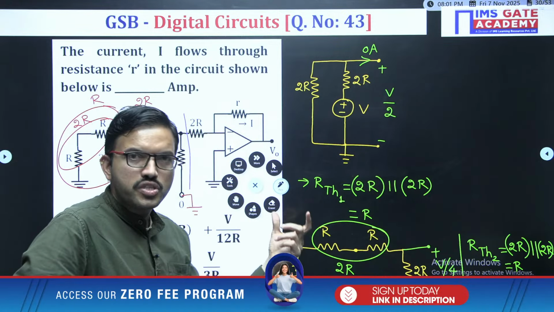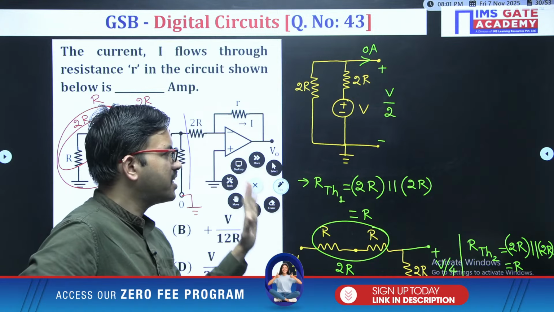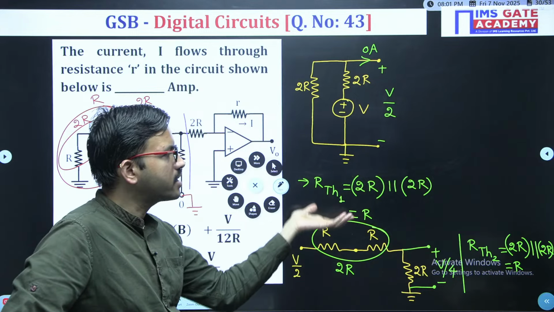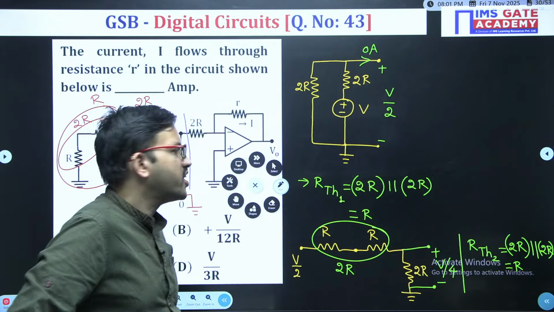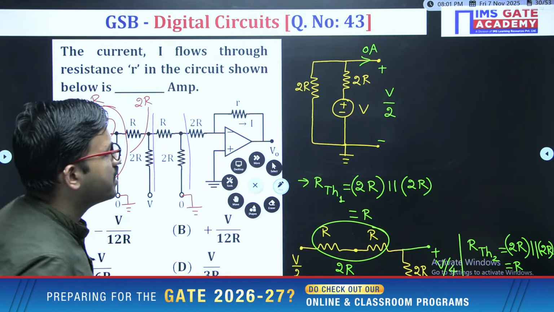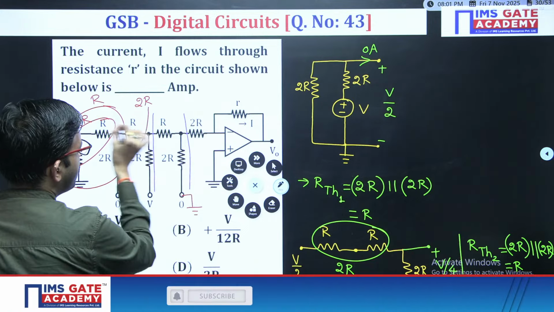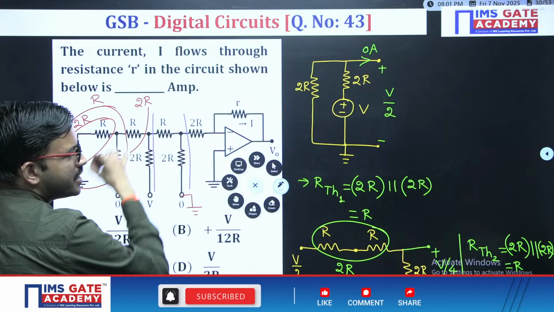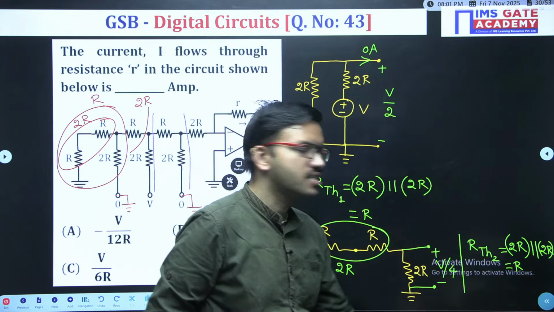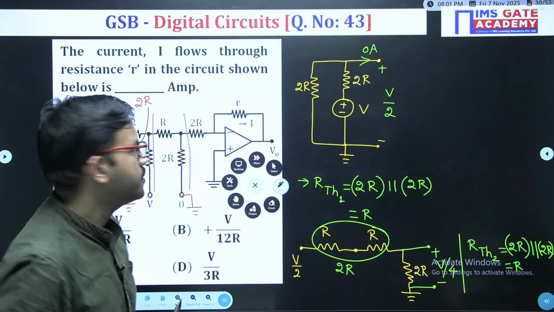When you add 2 equal resistors R and R in series, the equivalent resistance is 2R, but if R and R are in parallel, the equivalent resistance is half of the original. To make the calculation simpler, that is the reason we have the R2R ladder network. Now what we got is very simple: up to this portion, the entire circuit you can replace as a V by 4 voltage source in series with one resistance R. Yes, very good, Suganya, excellent.